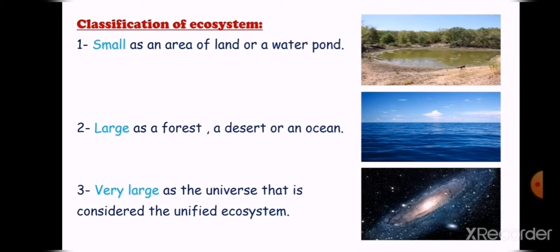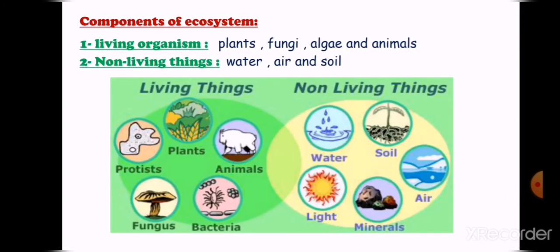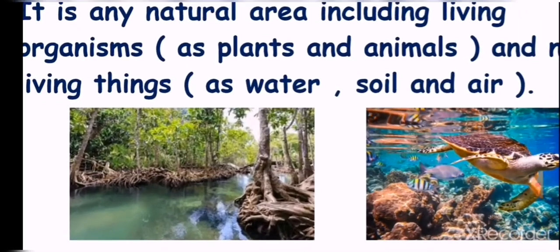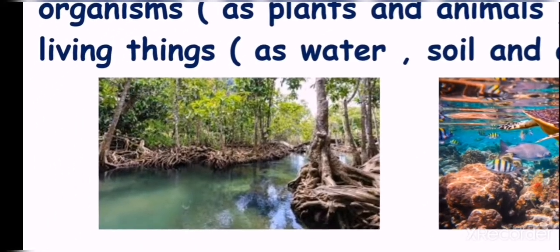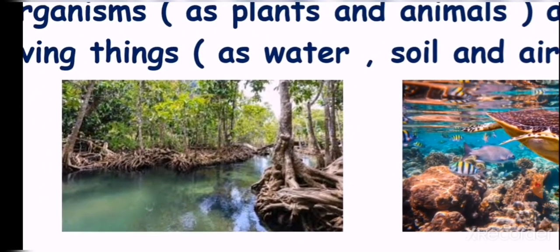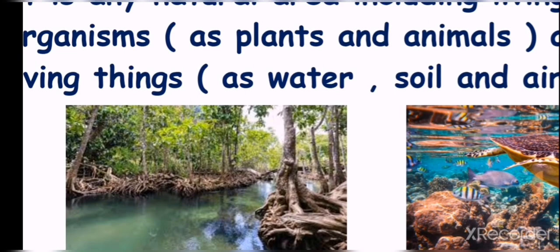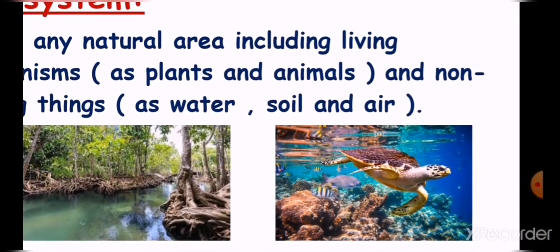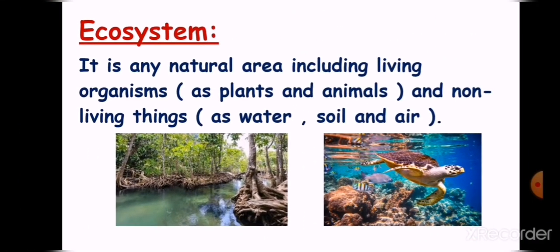So let's recap. What is the meaning of the ecosystem? It's any natural area including living organisms like this, as plants or animals, and non-living things as water, soil, and air.